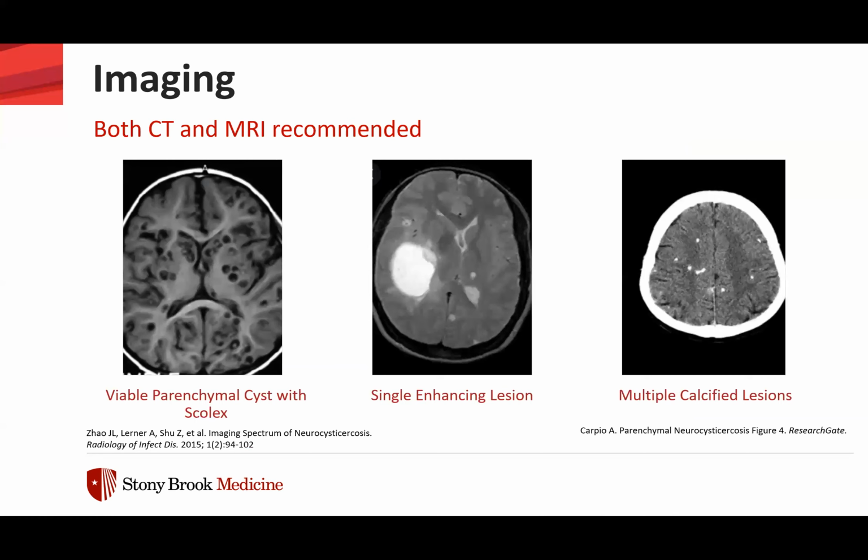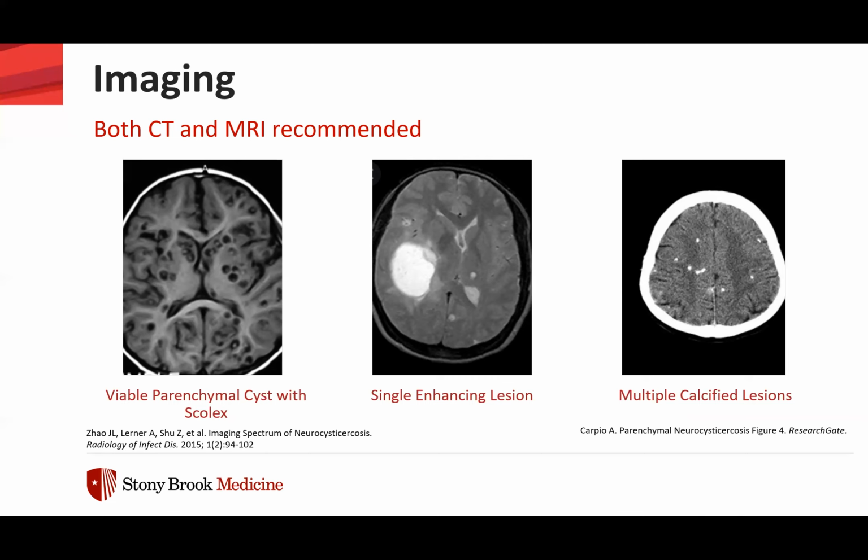To visualize what I'm talking about, on the left-hand side of your screen, you see an image of the viable parenchymal cyst with a scolex. The black perfect circles, that would be the cyst, so the fluid. And then inside you can see these white dots, and that's the scolex, or the attachment head of the parasite.